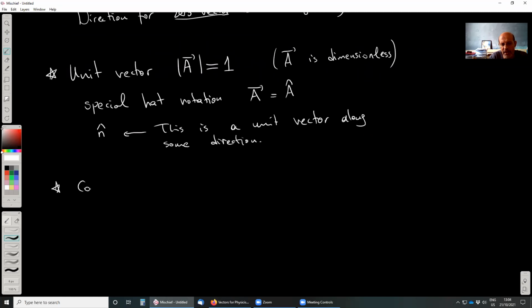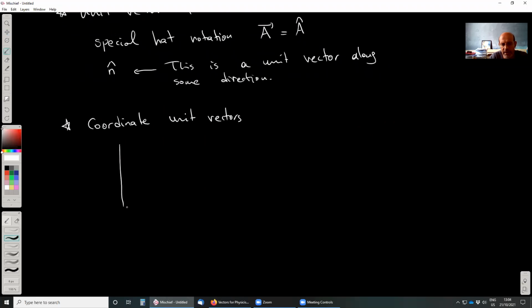I think I'm going to talk about the coordinate frame later. At some point I'm going to talk about them, but in any case, you don't have to define a coordinate frame to be able to define vectors, all right?